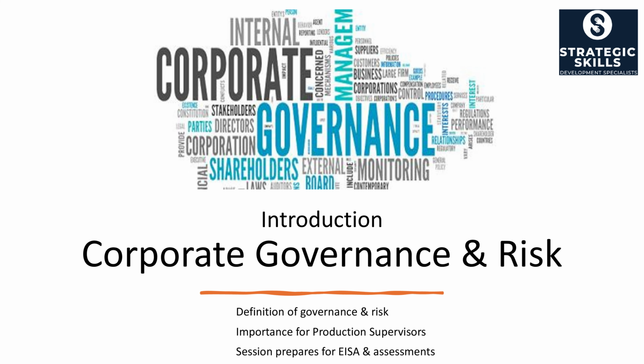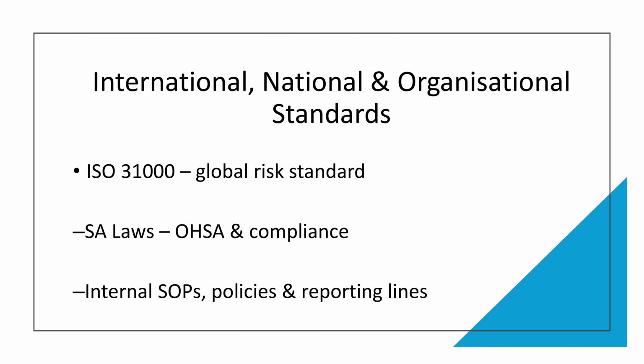Let's begin. Now, it is important to remember that standards are described as the rules, frameworks, and guidelines that shape how an organization operates. Let me simplify this. Standards ensure that everyone follows the rules consistently and correctly. International standards such as the ISO 31000 focus on risk management.